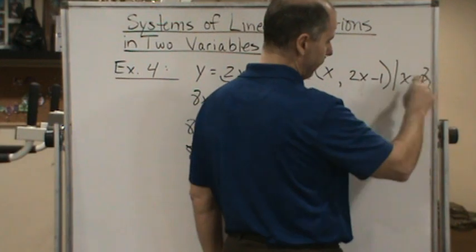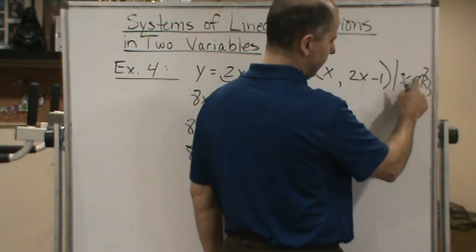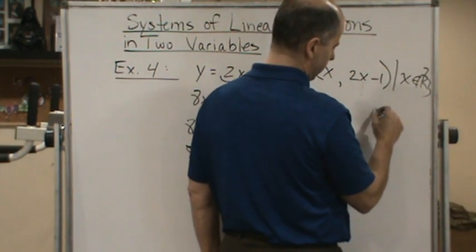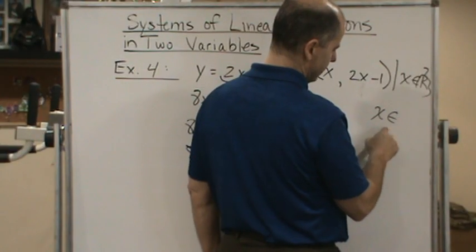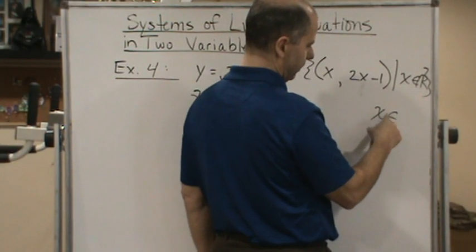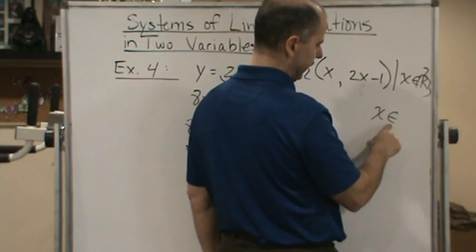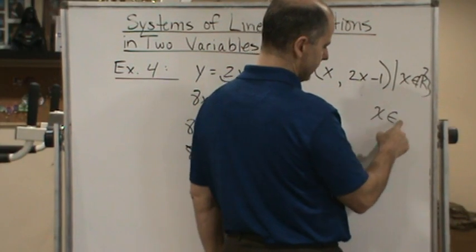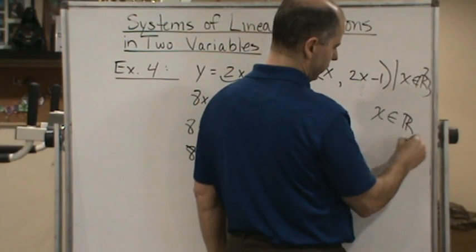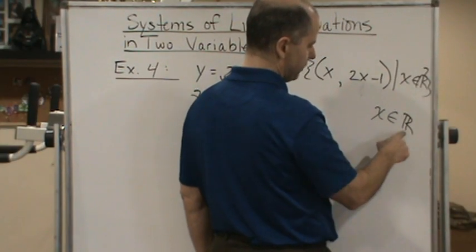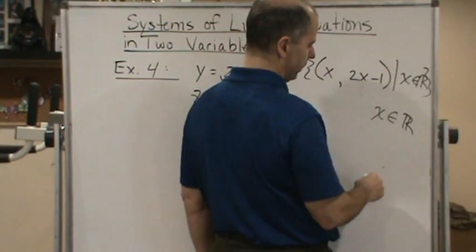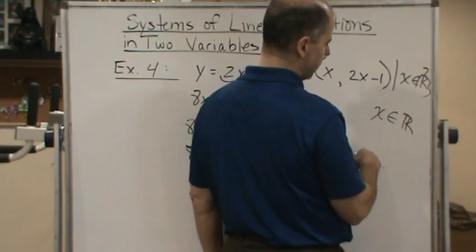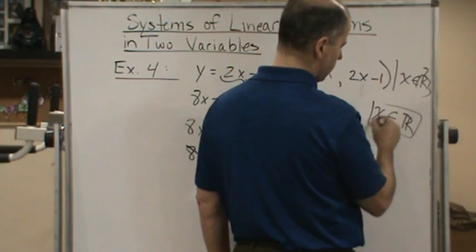You can write it out, x is any real number, or you can write it with these symbols. This symbol here that looks like a funny-looking e means an element of, so x is an element of the real numbers. This symbol represents the set of all real numbers. You could use that symbolism or just write it out in words.